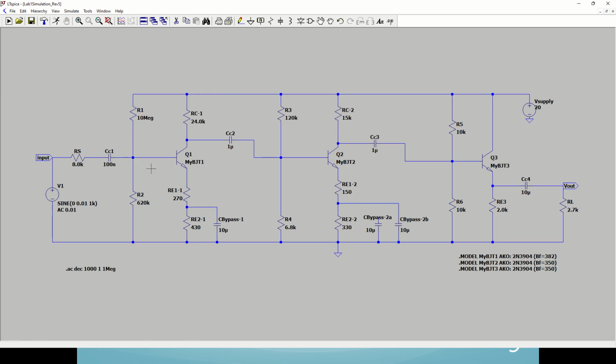So I had two swamped common emitters, and the reason I'm calling them swamped is because this resistor adds resistance to the diode resistance. But anyways, I was using two 10 microfarad capacitors, and I'm going to run that real quick.